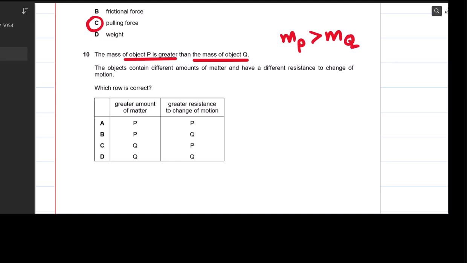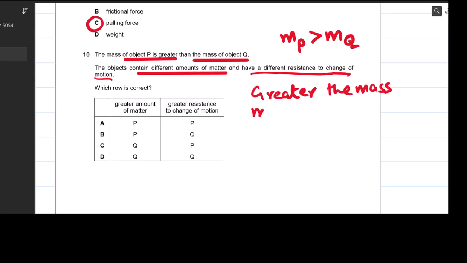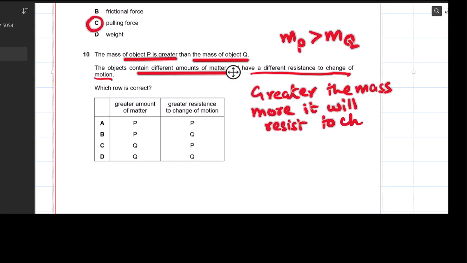The objects contain different amounts of matter and have a different resistance to change of motion. Okay, remember the statement of inertia: the greater the mass, the more it will resist change in its motion.